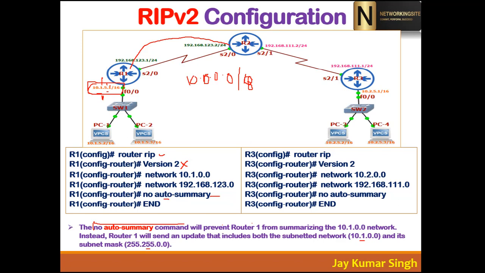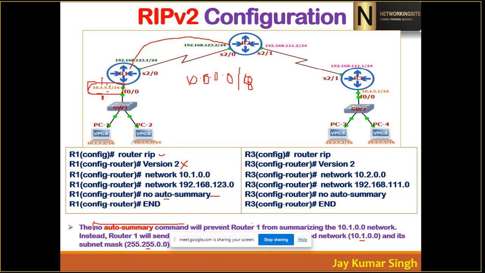Yesterday we saw that RIP version 1 summarizes the IP address to its default subnet or default mask. Like if you are using the 10 network, it will be 10.0.0.0. If you are using any kind of subnet, normally it will summarize to the default one, simple.